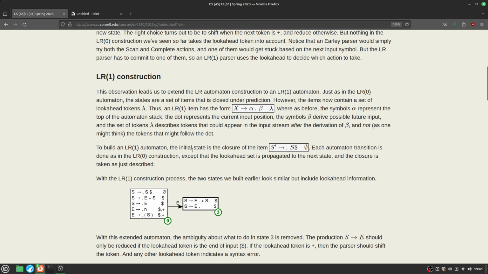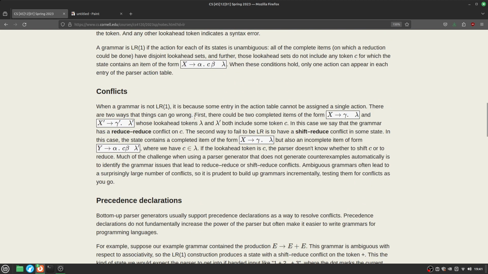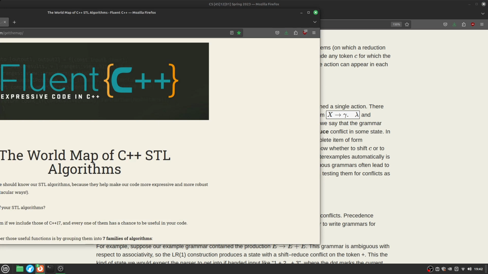So there could be two completed items of the form like this, whose look-ahead tokens, lambda and lambda prime, both include some token C. In this case, we say that the grammar has a reduce conflict.